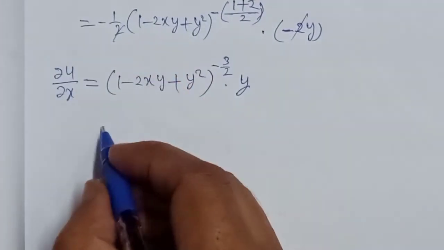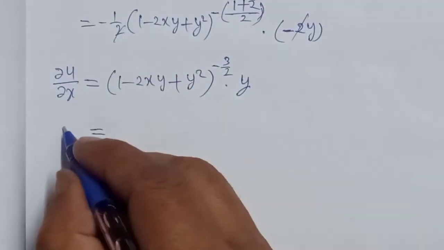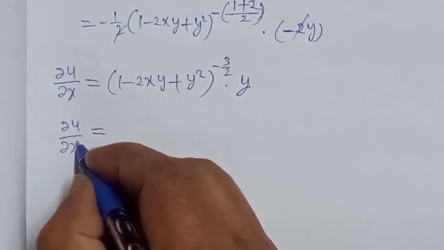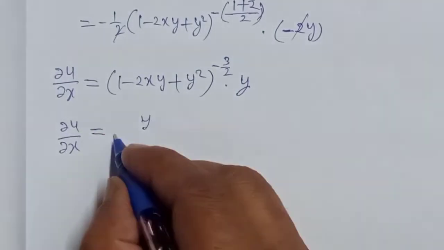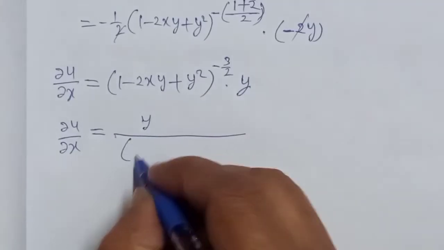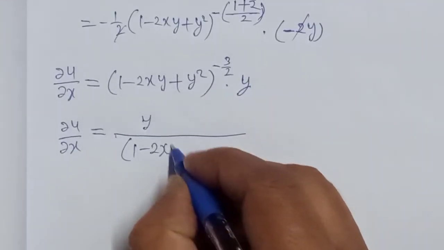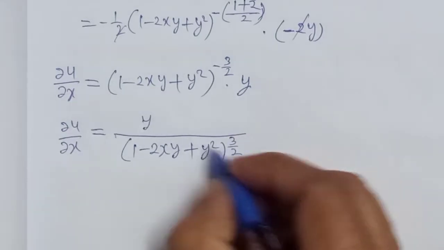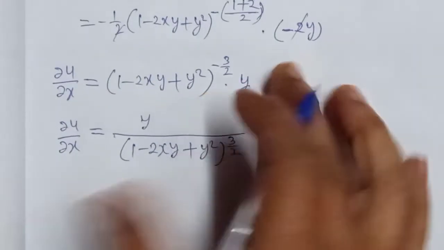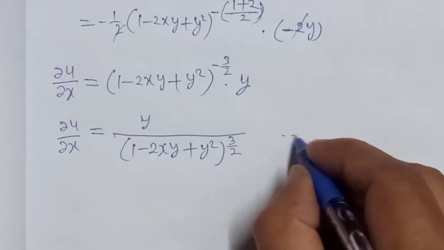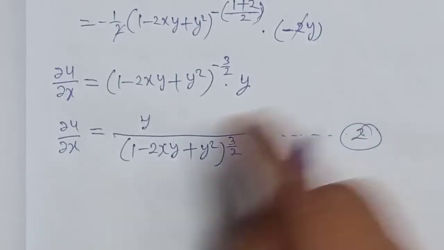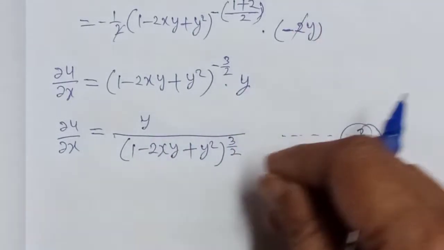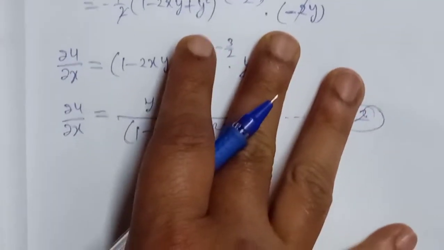Change this power to plus, therefore del u over del x is y upon (1 minus 2xy plus y square) to the power 3 by 2. I write it as equation number 2, which I will use in future.